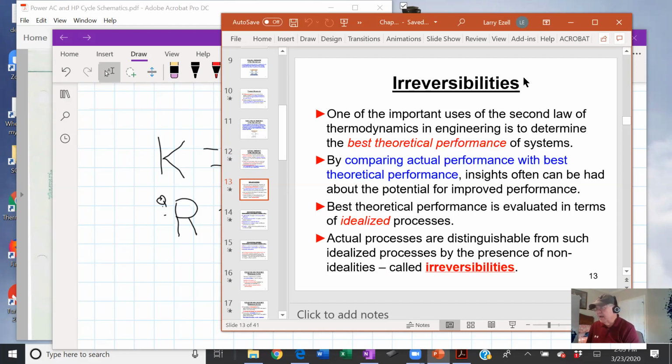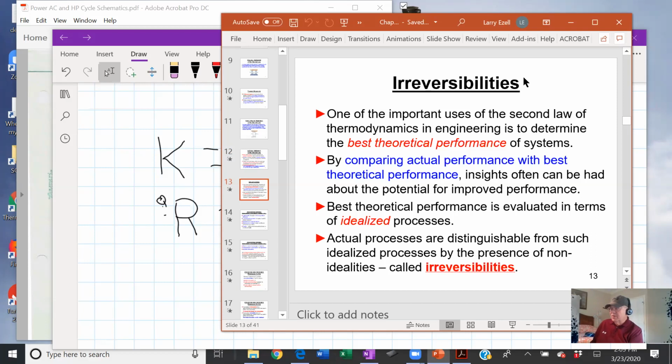By comparing the actual performance with the best theoretical performance of a power cycle or refrigeration cycle or heat pump cycle, if we measure and calculate the performance of that cycle and compare it with the best possible cycle, we can get some insights on how good a job we are doing. And we can also tell if some inventor is trying to sell us a perpetual motion machine. We'll talk about that later.